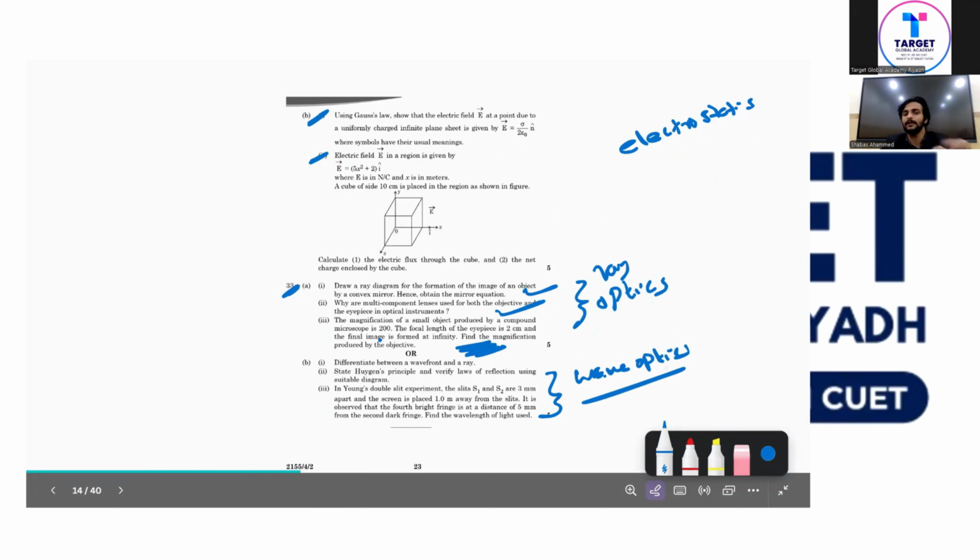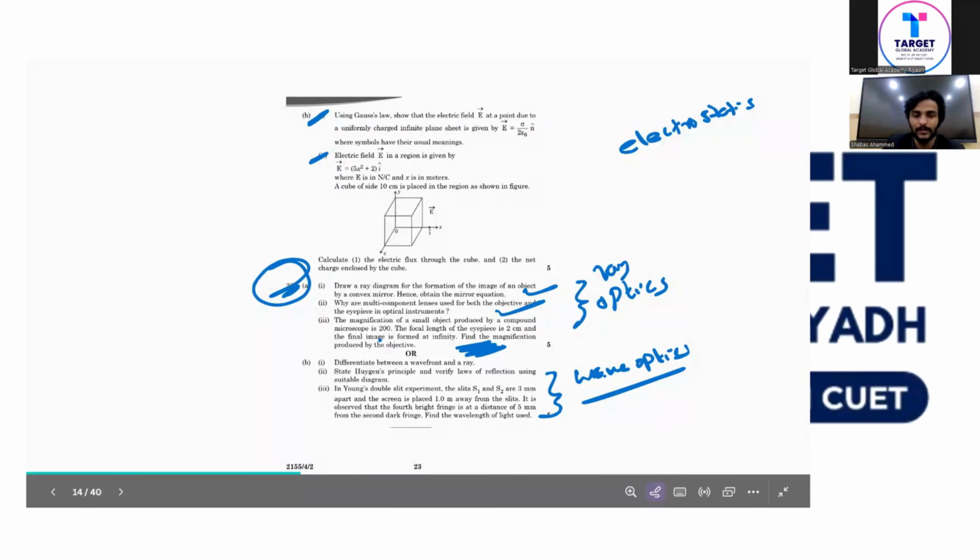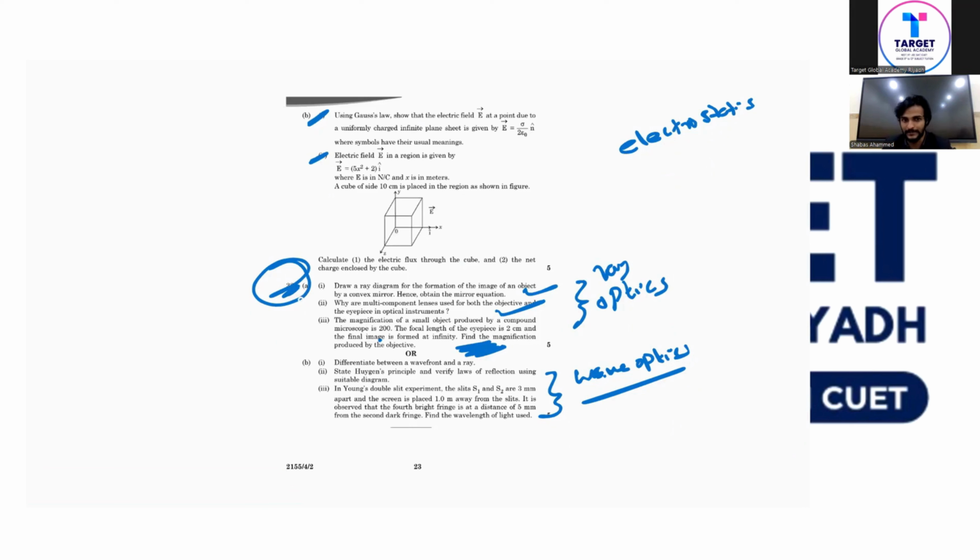So if you check every previous year question paper, you can see a question from optics, in ray optics as well as wave optics, in section E, that is 5 marks.